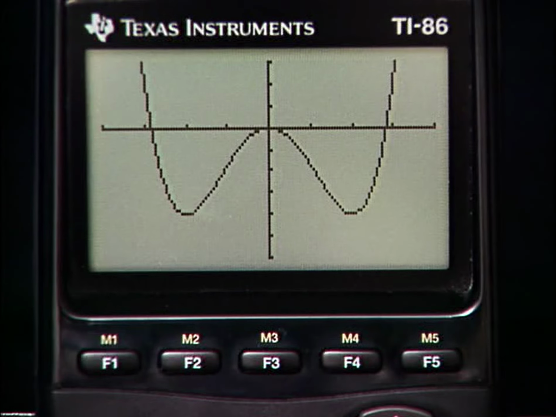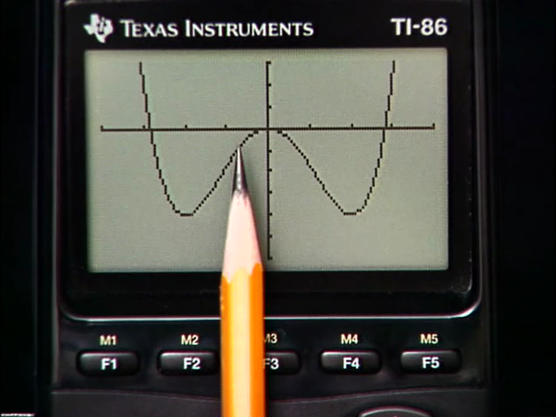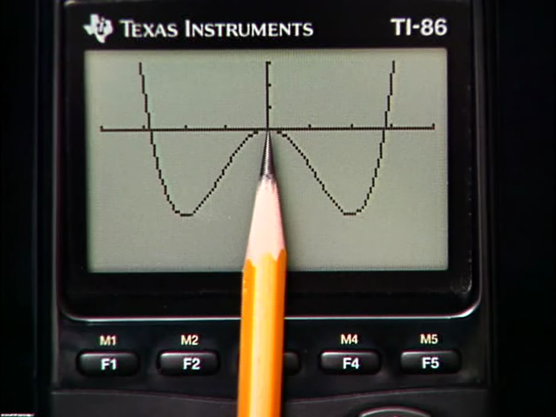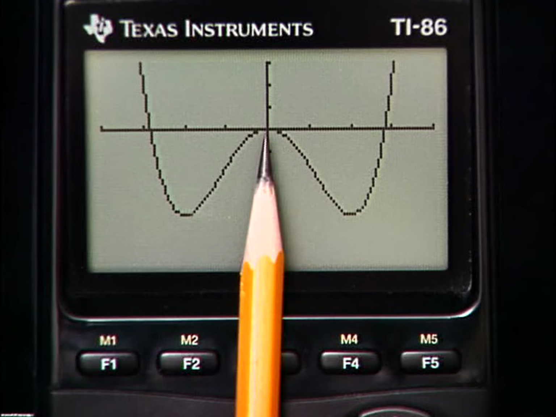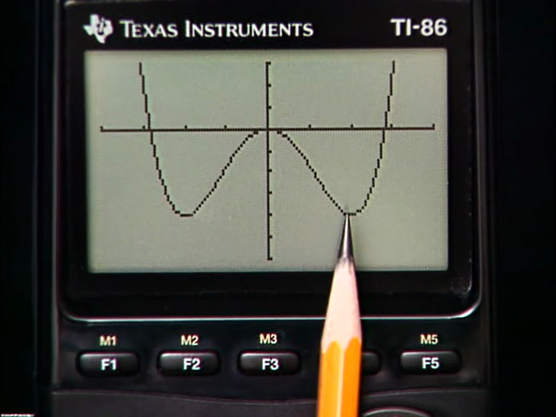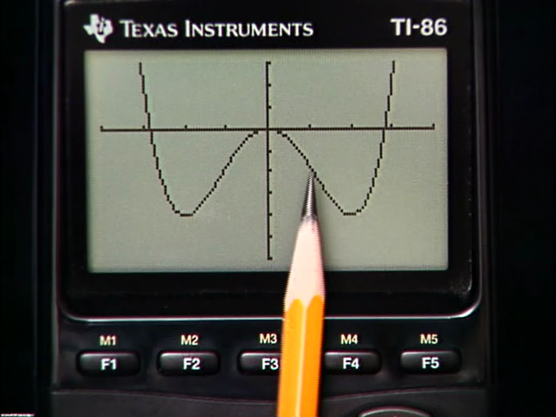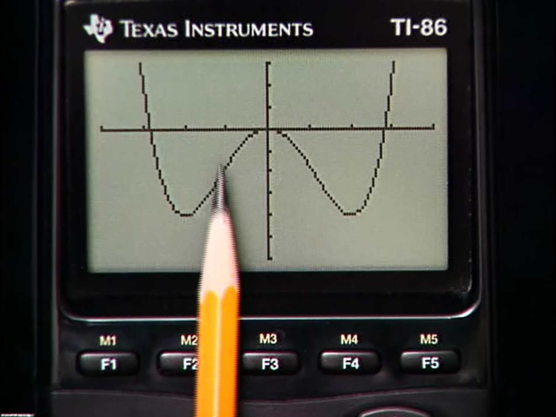If we were looking at the graph of the f function, we would see that we have a maximum point at 0, a minimum at -2, another minimum at 2, and inflection points just over 1 and just below -1.